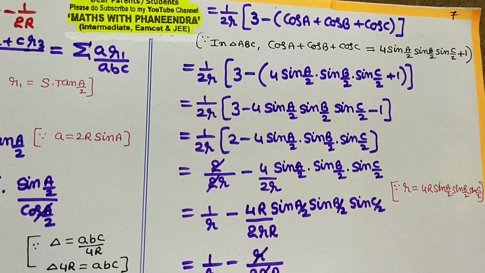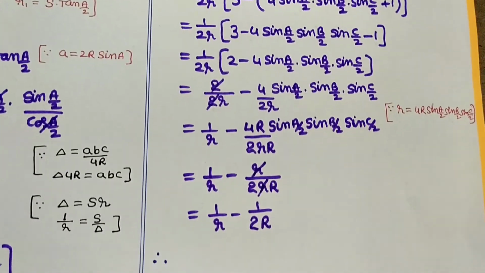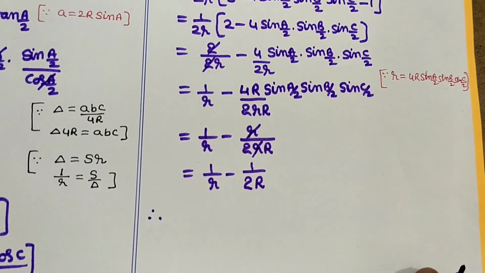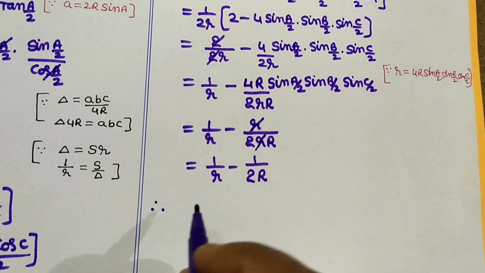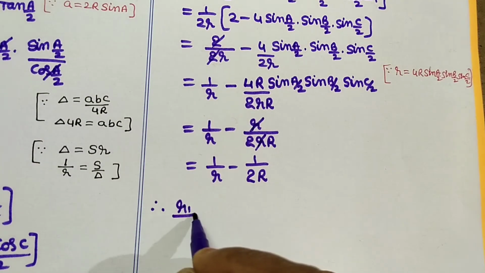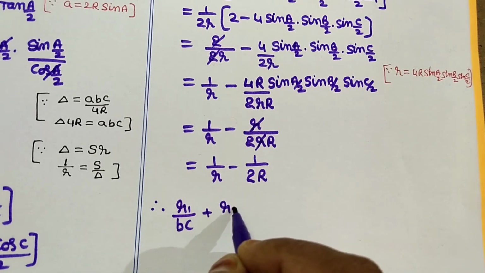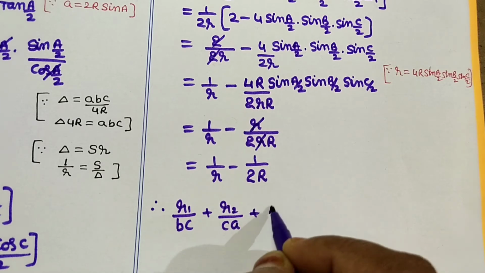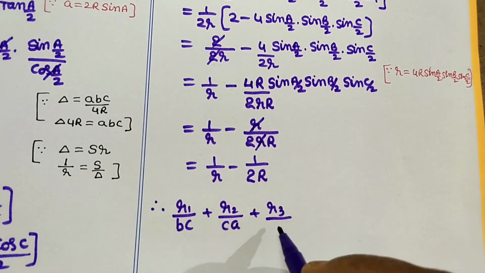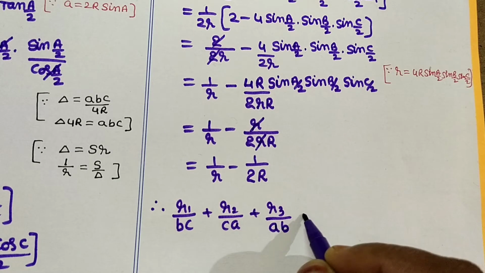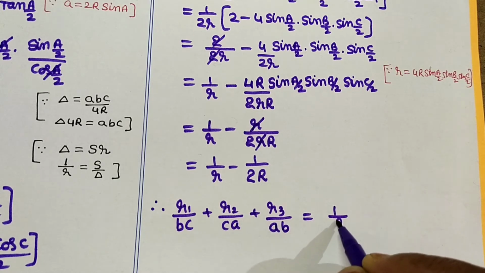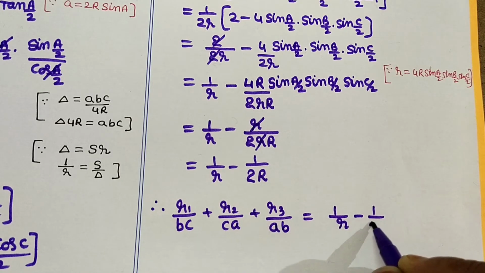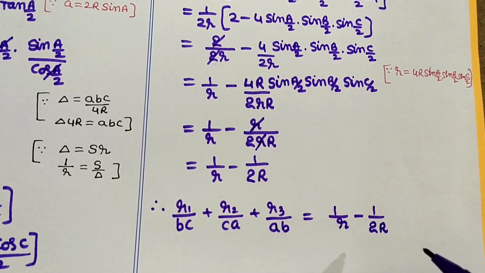Therefore, last step, r1 by BC plus r2 by CA plus r3 by AB is equal to 1 by r minus 1 by 2R. Hence proved.